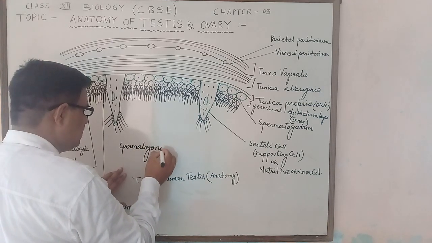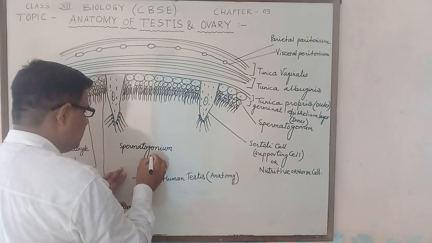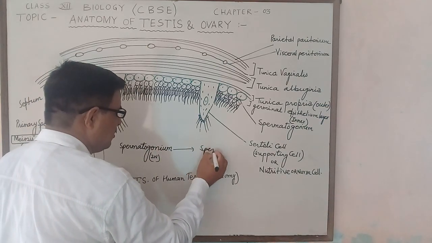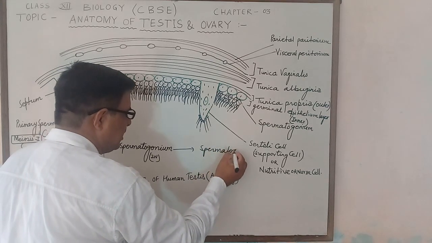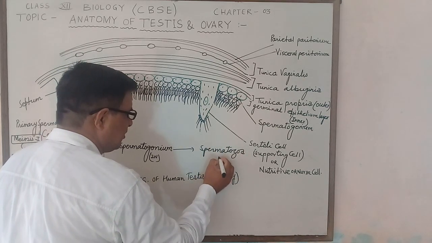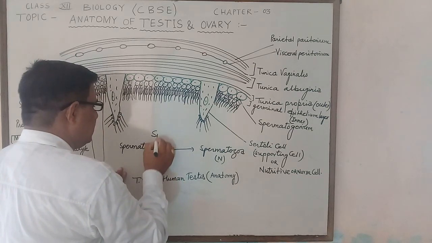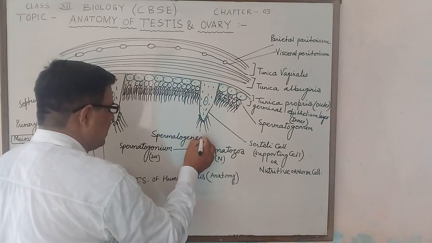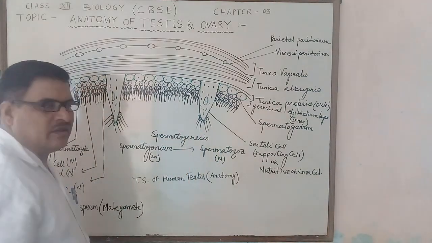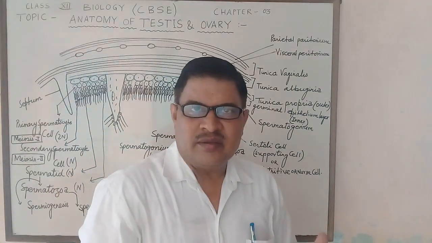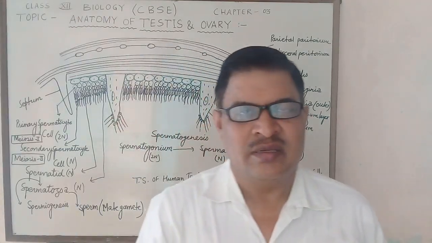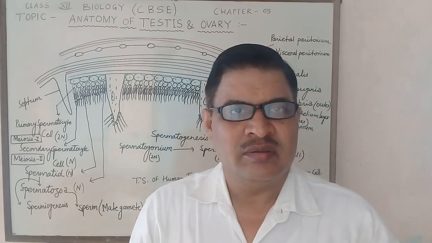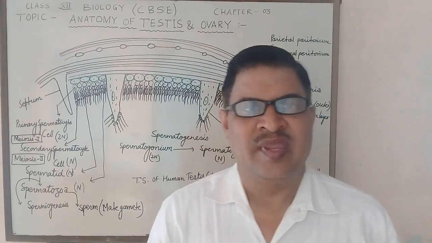Spermatogonium, which is a diploid cell, generally develops into spermatozoa. Spermatozoa is a haploid cell, and this process is called spermatogenesis. I have already discussed spermatogenesis and oogenesis in the topic gametogenesis.